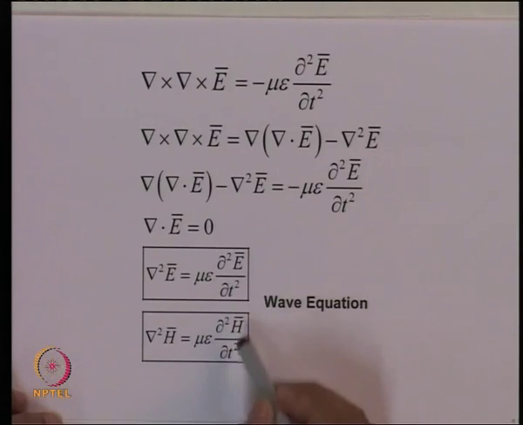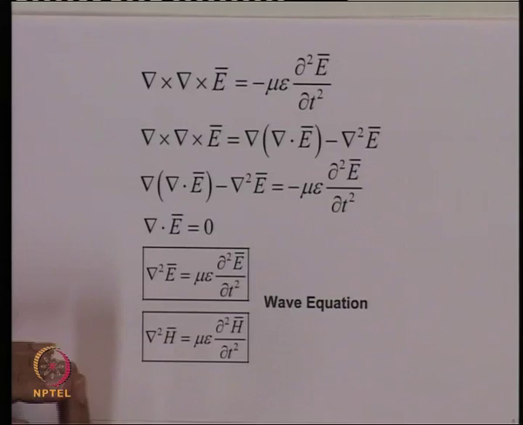These equations are nothing but what are called the wave equations. So, what we find is that if I consider time varying electric and magnetic fields, then they constitute a wave phenomenon. These fields are going to propagate in this medium in the form of waves.